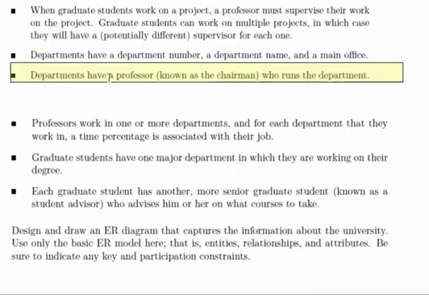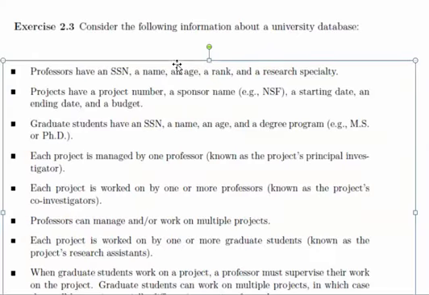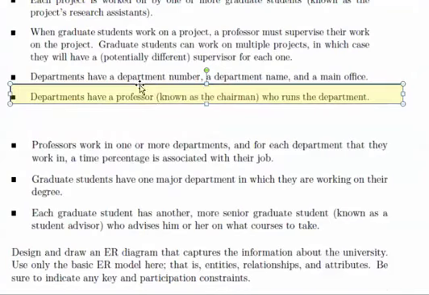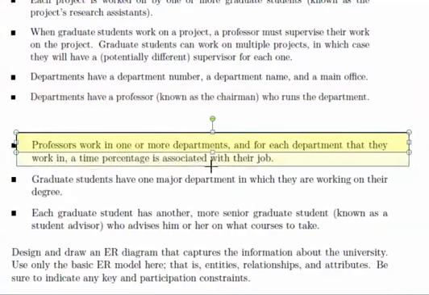And then it says a professor is the one who runs the department. Sorry, I was having some difficulties here. So let me see here. So now let's go to the next.